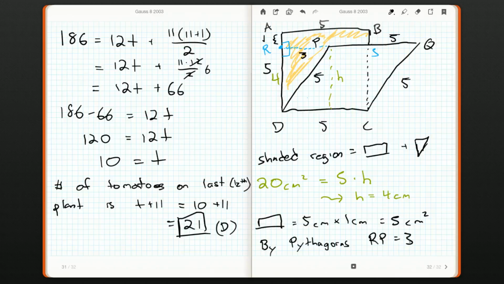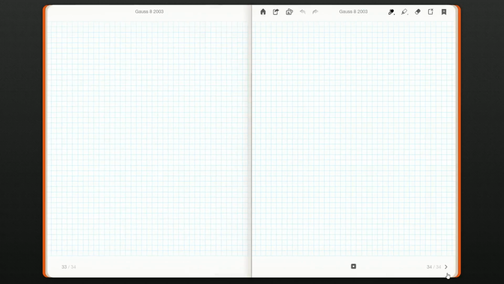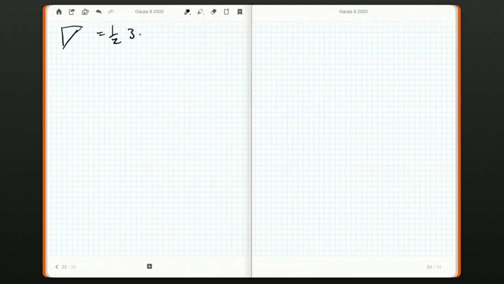Okay, it's a very nice triangle, 3, 4, 5 triangle. And that means that this right angle triangle, why, it's 1/2 base times height. Well, the base is 3 and the height is 4. So that's 1/2 times 12. That's going to be 6 centimeters squared.